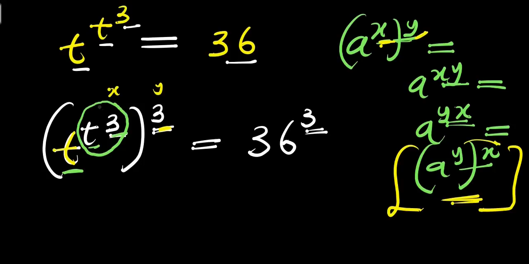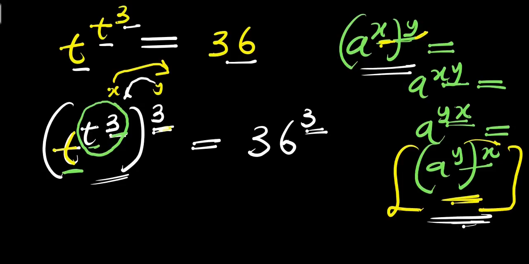So since t power 3 is our x, we can take this outside the bracket, and this y here, that is this our 3, we can take it in. Have you seen it? So this whole thing is, we are making use of this identity, and we are making use of this other identity to get the final product.